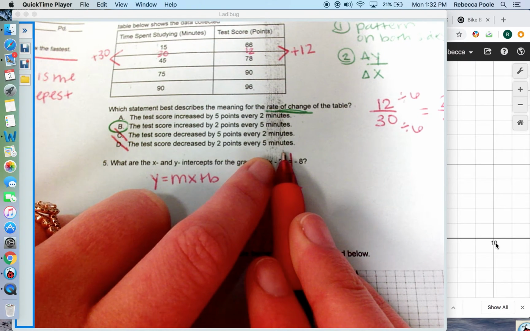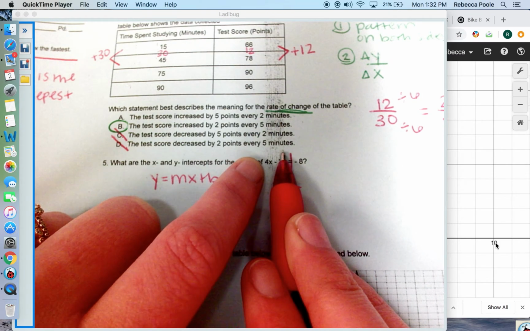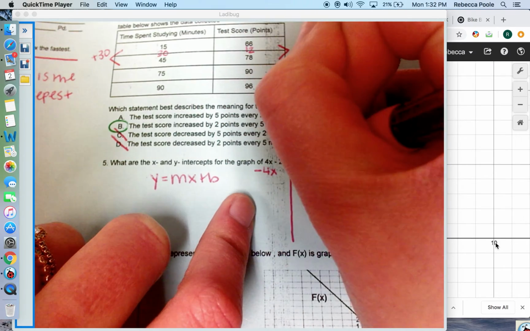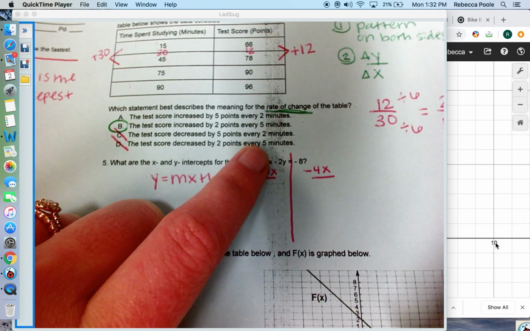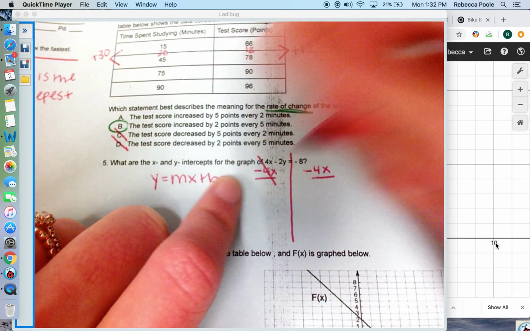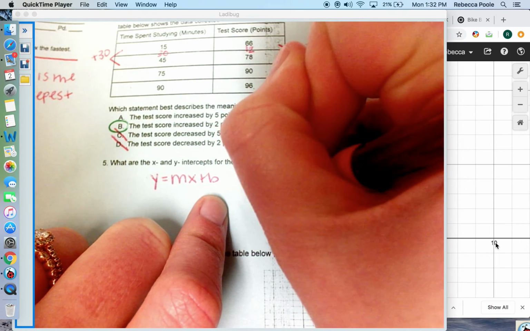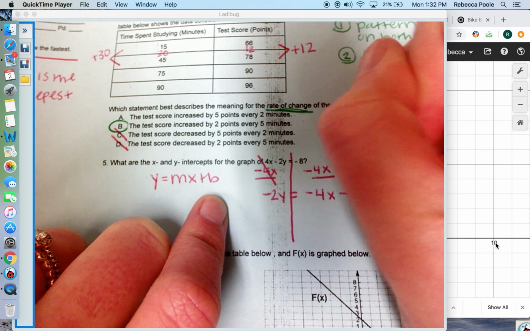It's subtracting, but the 4x itself is positive, so the opposite of adding 4x is minus 4x. And what you do to one side, we're going to do to the other. When you have 4x, take away 4x, those are going to cancel. So now I'm left with negative 2y equals negative 4x minus 8.